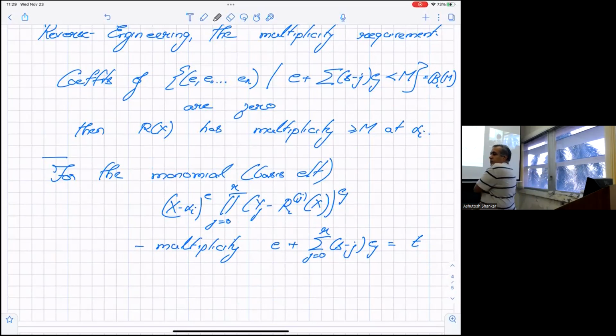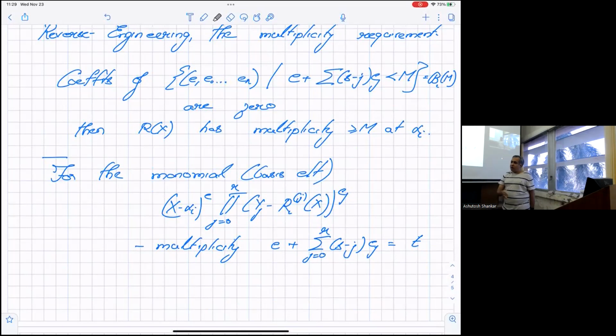Now you want to say that for any of these monomials where the total power you can guarantee is less than m, you force the coefficient to be zero. Rather, the only monomials which will appear are those which guarantee that the power is at least m or more.